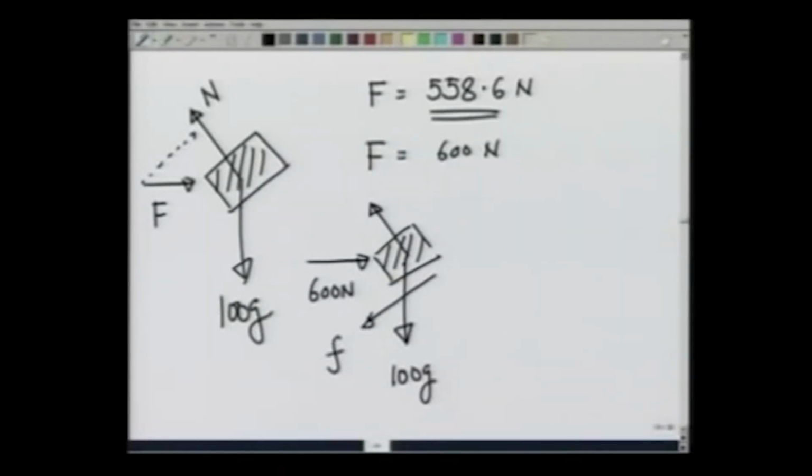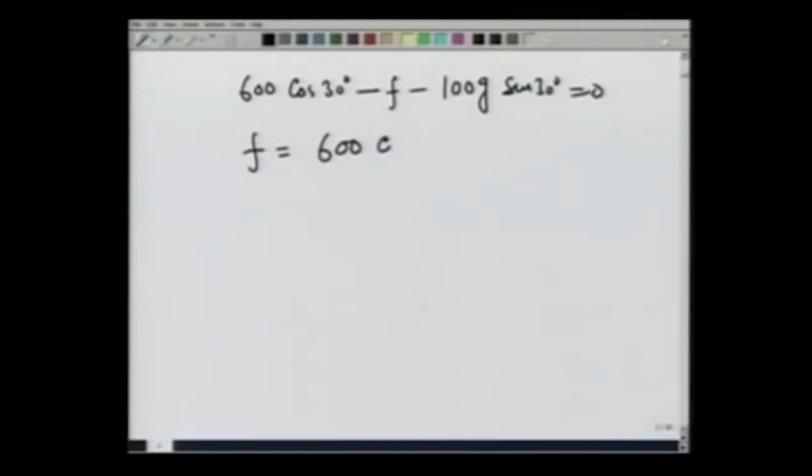Again taking x-axis in this direction and y-axis in this direction, the equation of equilibrium looks like 600 cosine of 30 degrees minus f minus 100 g sine of 30 degrees equal to 0, or f equals 600 cosine of 30 degrees minus 100 g sine of 30 degrees.